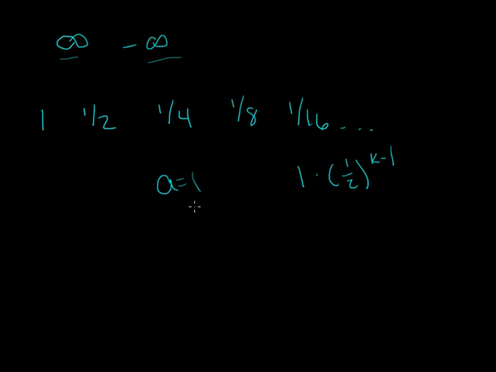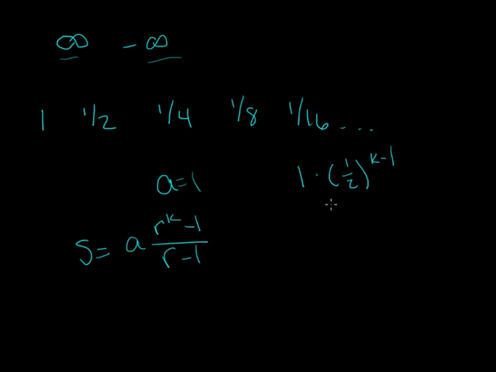So let's take a look at the formula for a finite sequence. We have the sum equals a times r to the k minus 1 over r minus 1. Well, if you're familiar with calculus or limits, you might notice that as k reaches infinity, this will go to 0.